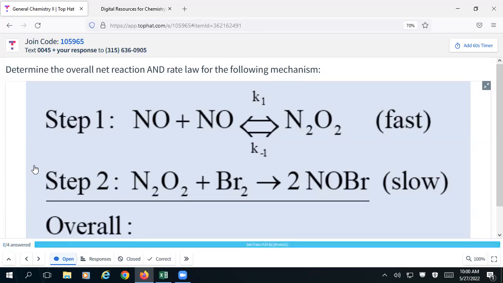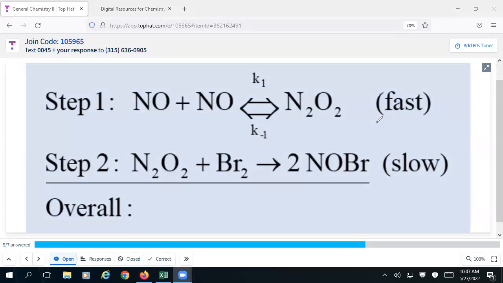What is the overall net reaction? And what is the rate law for this mechanism? Give you a couple minutes to figure it out, and then we'll talk about it together.